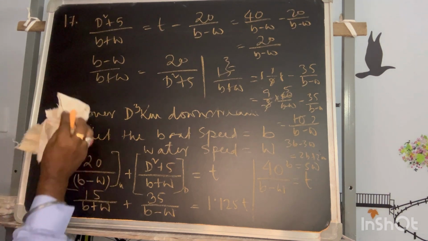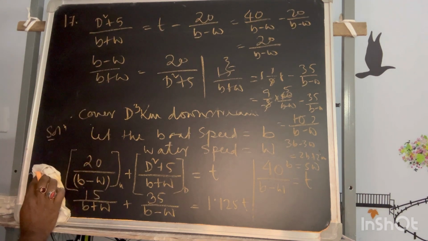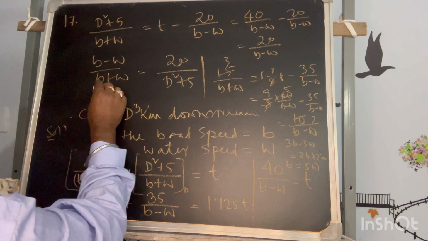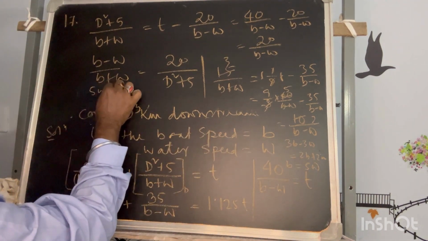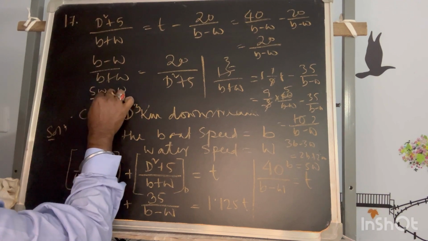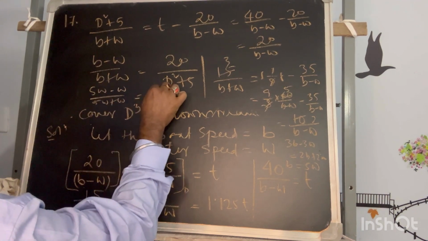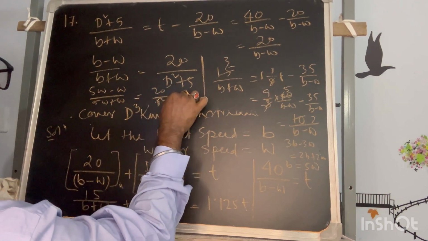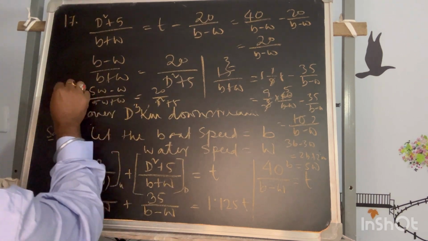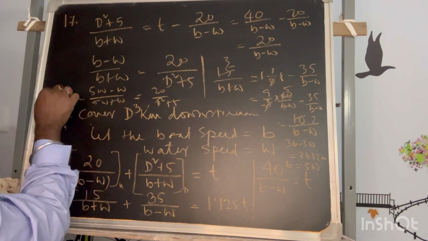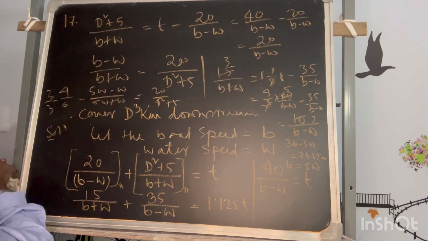Now if it is so, b is equal to 5w, put it there: 5w minus w by 5w plus w is equal to 20 by d squared plus 5. So this is equal to 4 by 6, meaning 2 by 3.